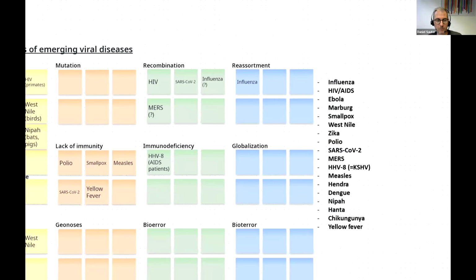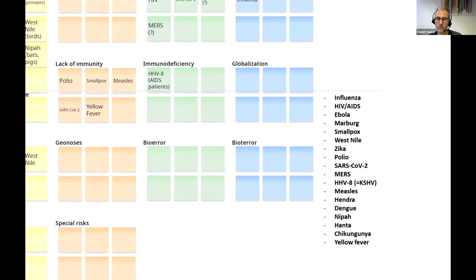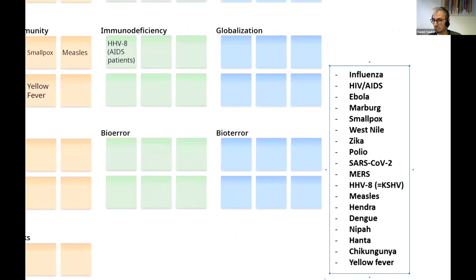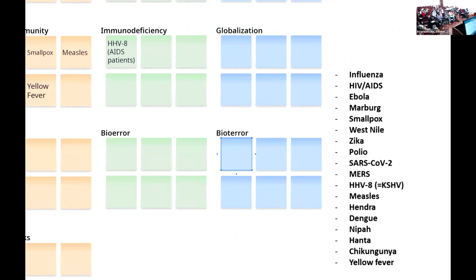What else? Let's jump to bioerror and bioterror. Which of these viruses would you think would be a risk for bioterror? SARS again. I wouldn't say SARS. I mean, you're saying that SARS may be the result of a bioterror, or that it could be used in future.